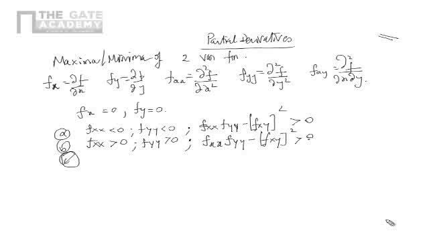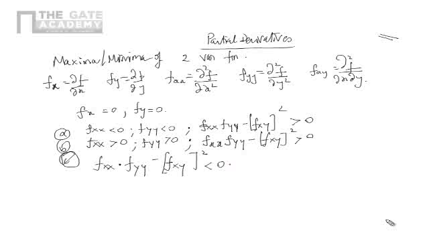Third case was fxx into fyy minus fxy the whole square less than 0.